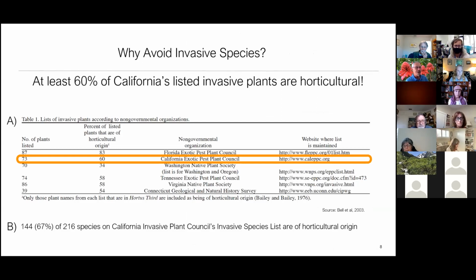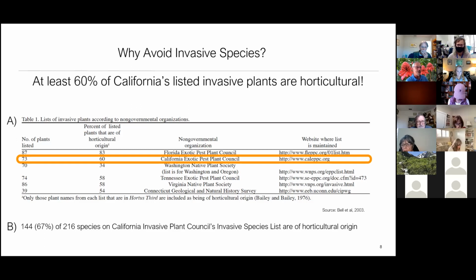So why do we care as gardeners, as master gardeners, as home gardeners, as anybody who has plants in their backyard? It's because at least 60%, two-thirds approximately or more, of listed invasive plants came from horticultural origins.